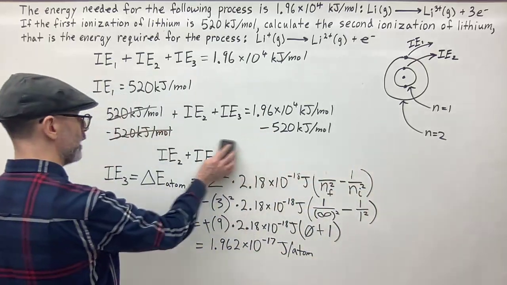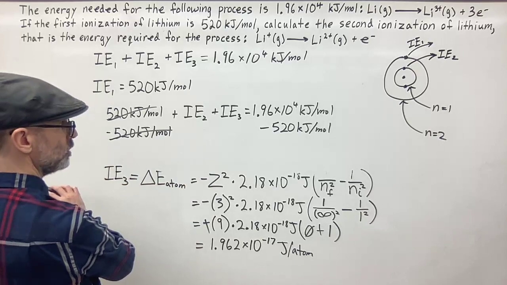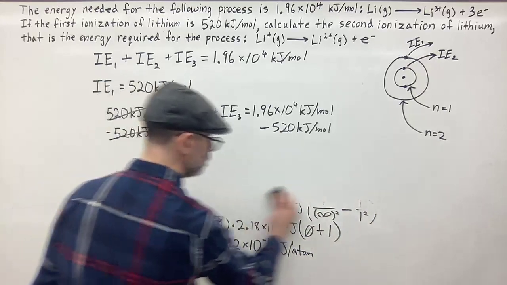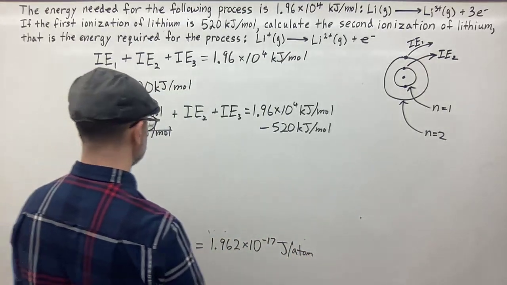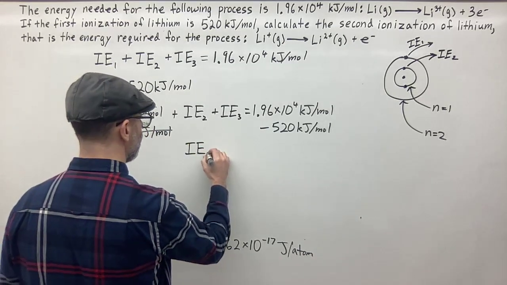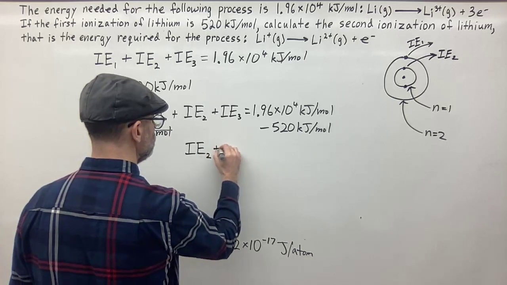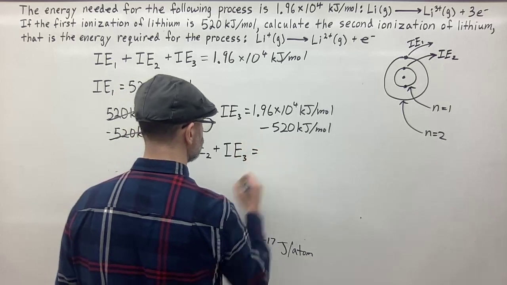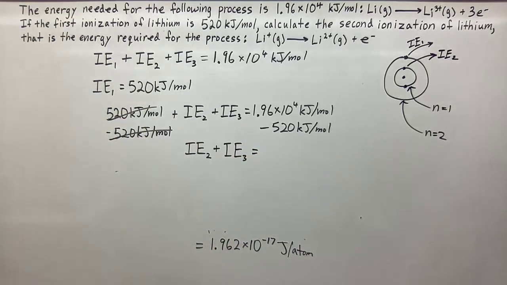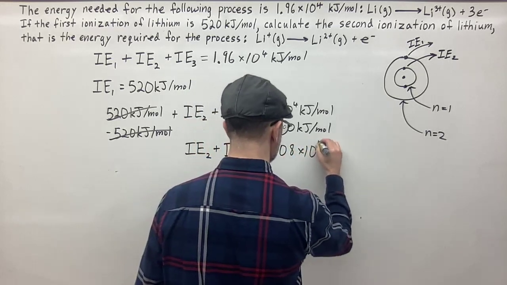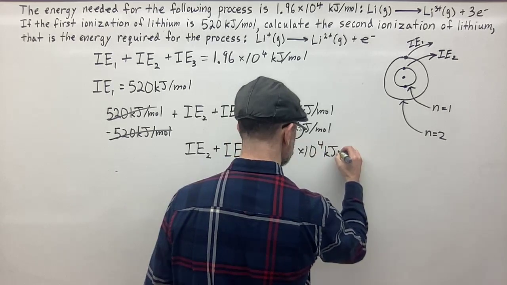I'm going to erase this because I don't need it anymore. Actually, I do need that one. Let's see. So before, I calculated IE2, the second ionization energy, plus the third ionization energy was equal to, what was that number again? 1.908 times 10 to the 4 kilojoules per mole.